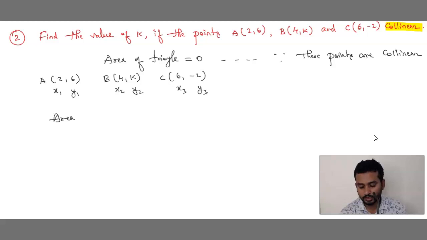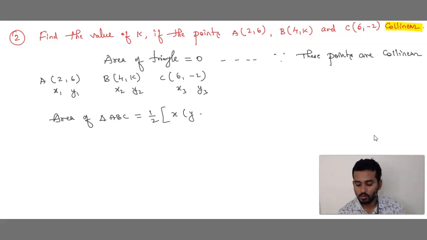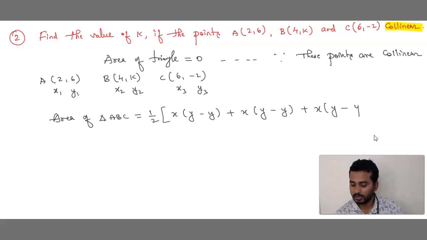First, take that as area of triangle ABC is equal to half into x1(y2 - y3) plus x2(y3 - y1) plus x3(y1 - y2). Correct? 3 times we have written.